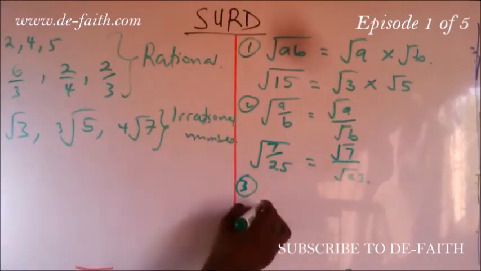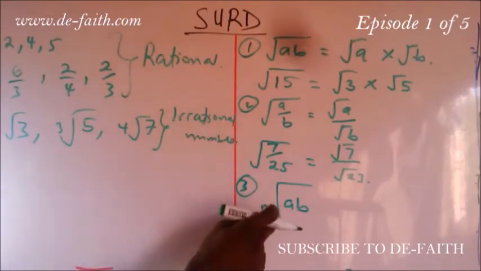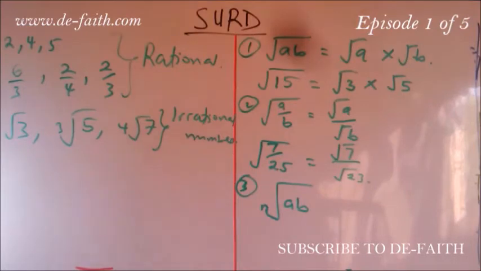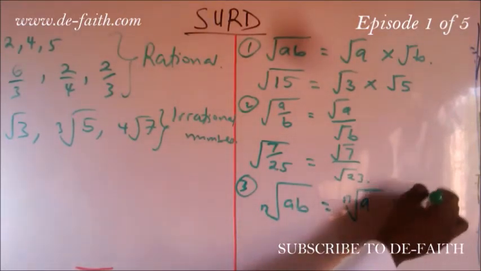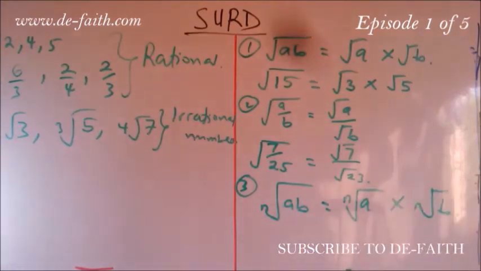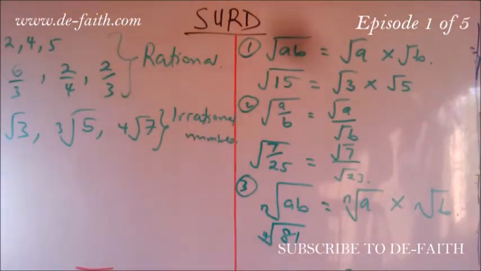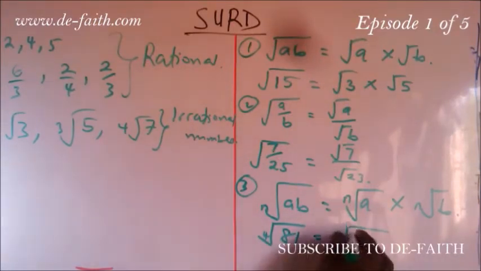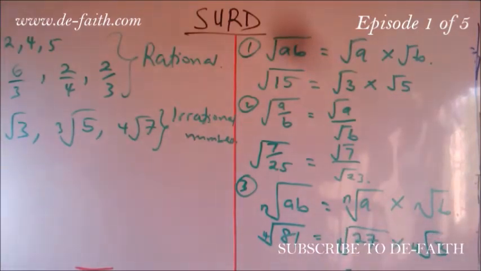3. If you have the nth root sign, and then you have AB, it's the same thing as saying nth root A multiplied by nth root B. For instance, if you have 81 here and you have 4 over here, it could be written like this: 27 multiplied by 3, although this is not the simplest form that you can have.